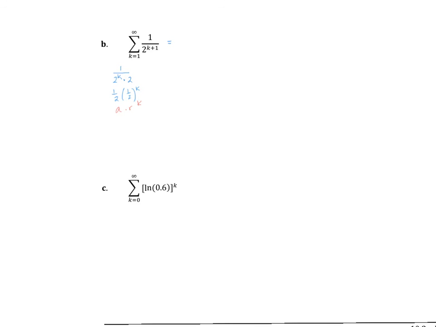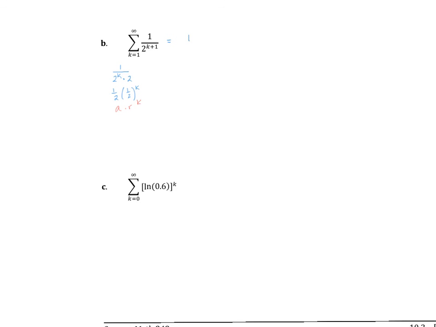What I could do is simply expand this out, as when k is 1, this is going to be 1 over 2 squared, plus k is 2, 1 over 2 to the third, plus 1 over 2 to the fourth, and so on.